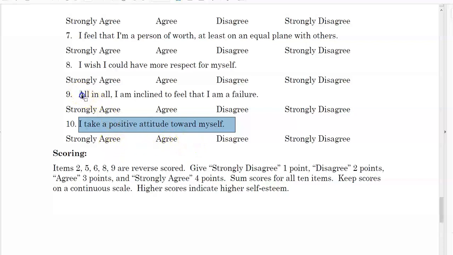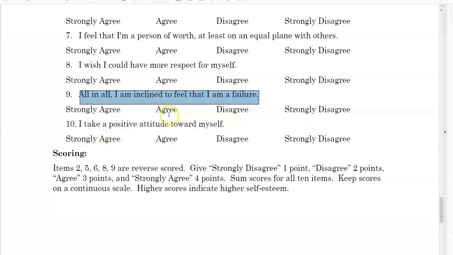Now, with number 9, question number 9 says, all in all, I'm inclined to feel that I'm a failure. Answering this with strongly agree or agree, you will find that most people are likely to say, I disagree to that. I'm at least not a complete failure. There are some isolated individuals who will probably say, yeah, I am inclined to feel that I'm a failure.